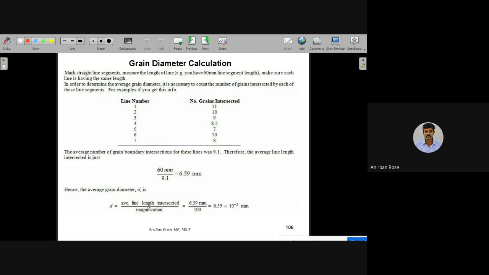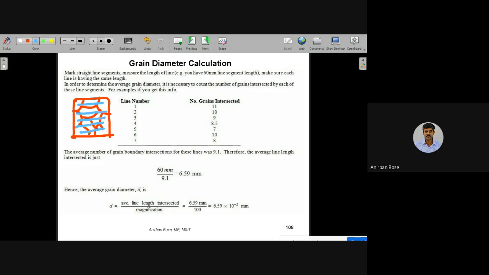method. Here you can see that in the grain structure, let us consider this is the structure that you are observing in the microscope. What you do is, arbitrarily, you draw a few lines at different locations. Suppose 1, 2, 3, 4, 5, 6.